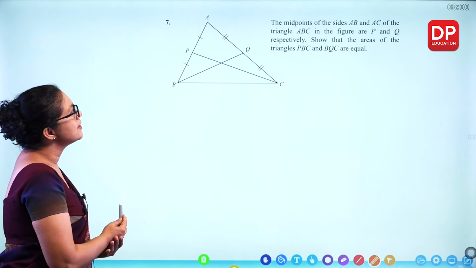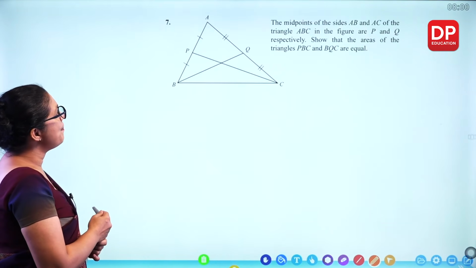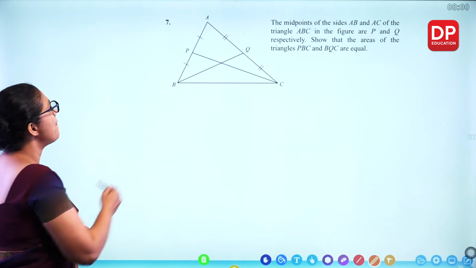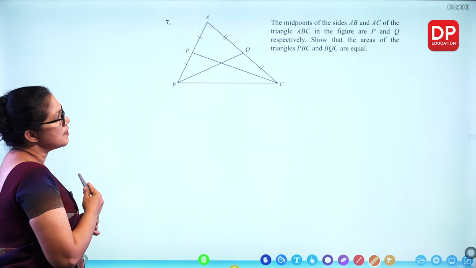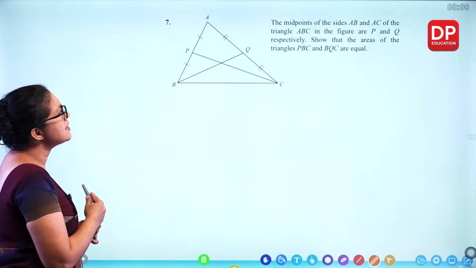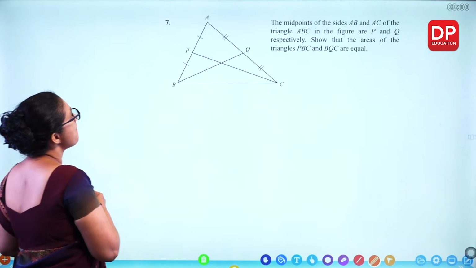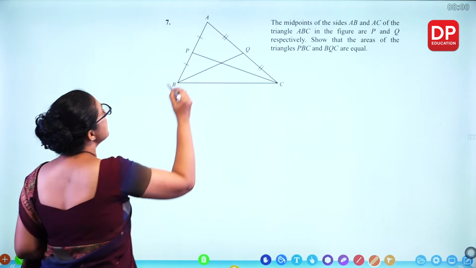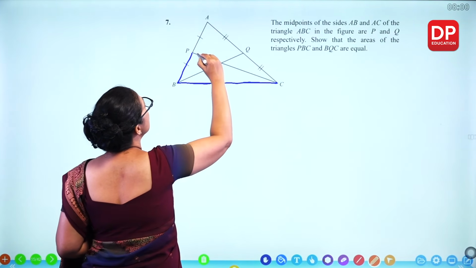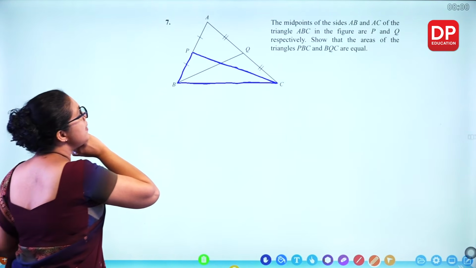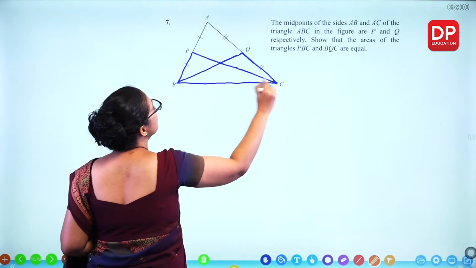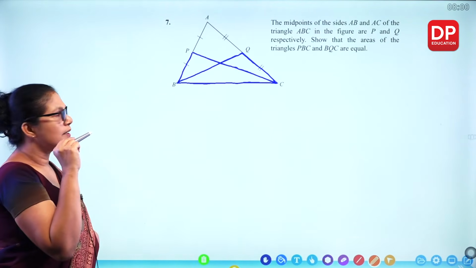Question number 7. The midpoints of sides AB and AC of the triangle ABC in the figure are P and Q respectively. Show that the areas of the triangles PBC, this triangle, and BQC, this triangle, are equal.